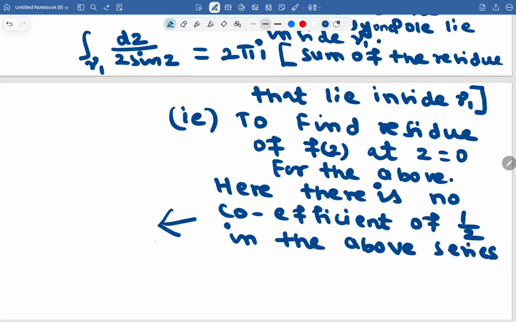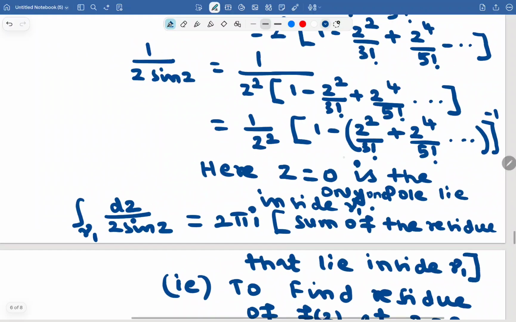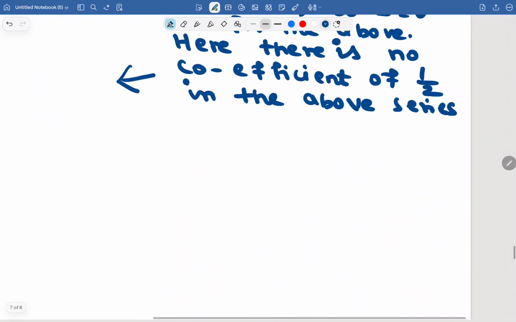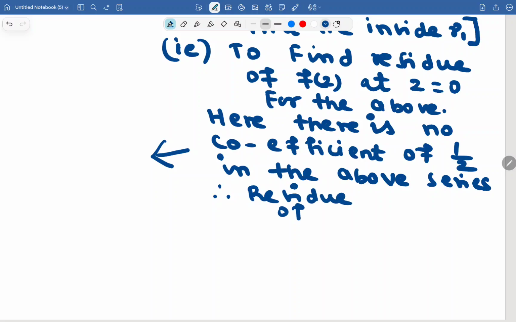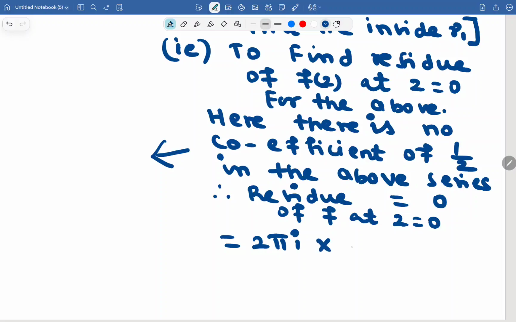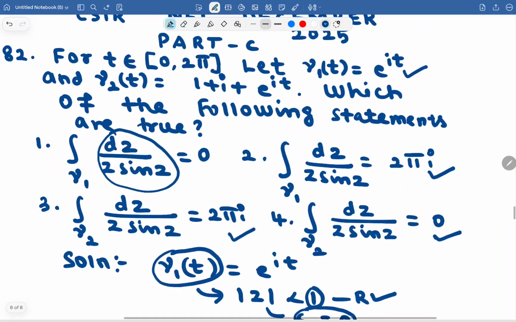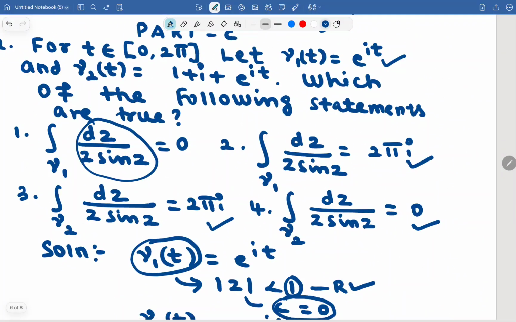But for this problem there is no coefficient of 1/z. Therefore the residue of f at z = 0 is 0. Therefore 2π times 0 is equal to 0. From the first two options, the first option is the correct option, the second one is wrong.